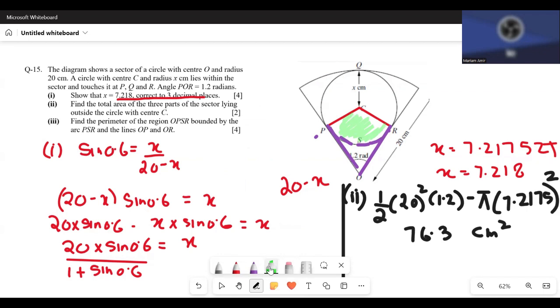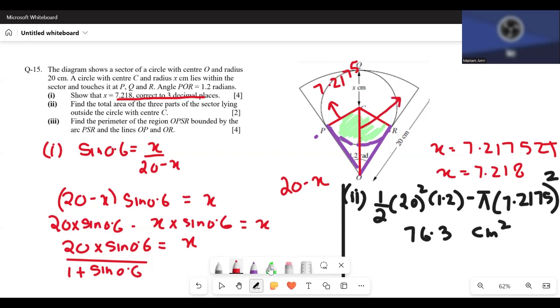Okay. Let's find PO and OR first. So we're again going to use this triangle. This length came out to be 7.2175 before rounding, and this one was 20 minus x.